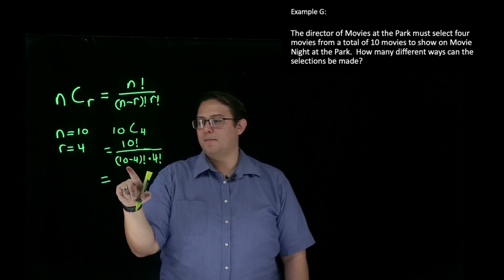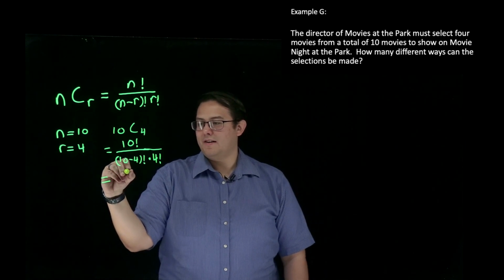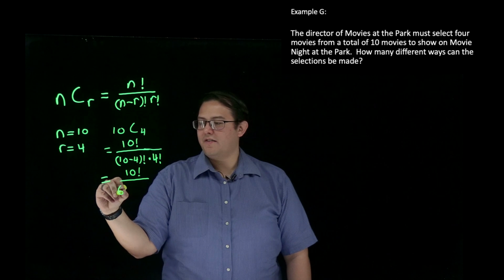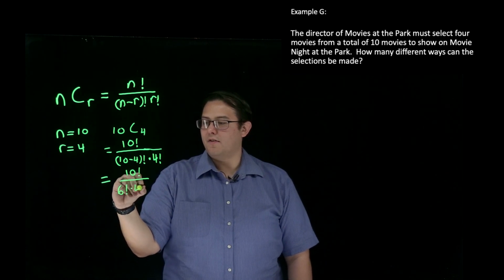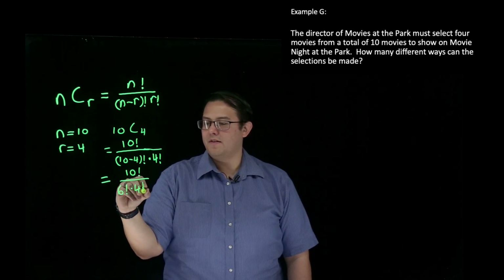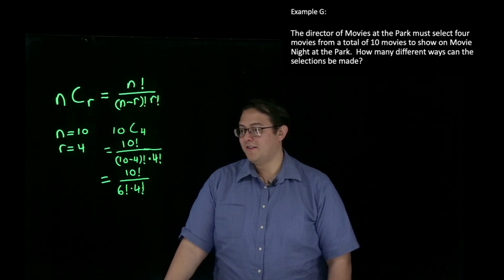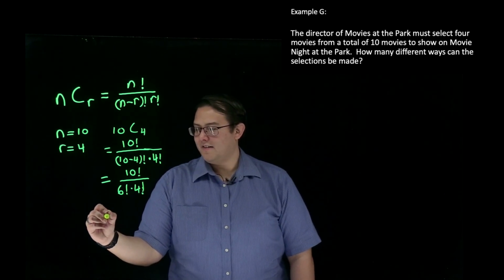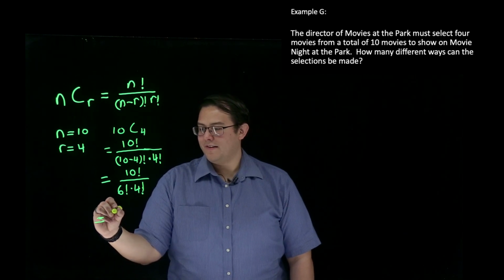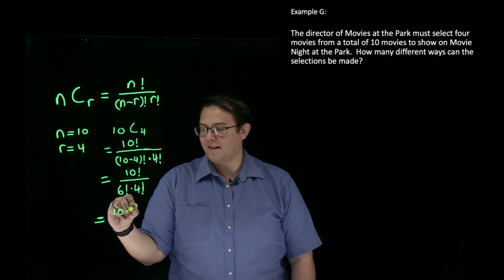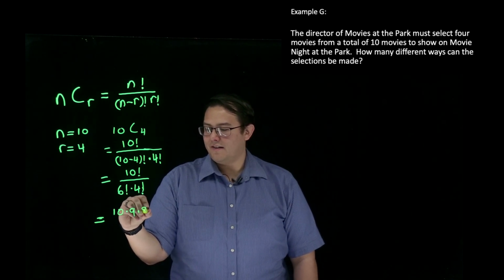So first I'm going to simplify the 10 minus 4. So we get 10 factorial all over 6 factorial times 4 factorial. Okay, so here we go again. So factorial means start at 10 and work your way down until you get to 1.